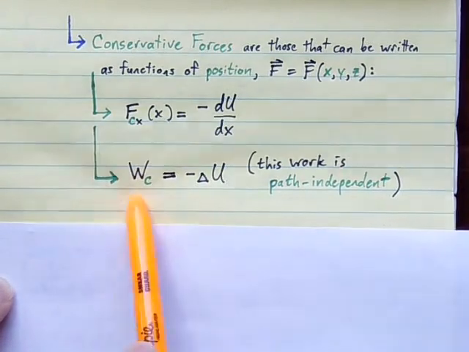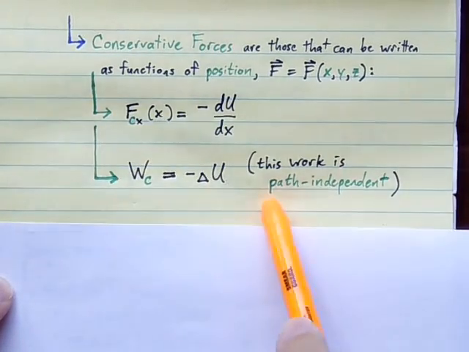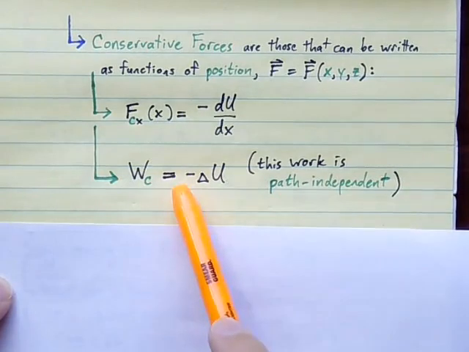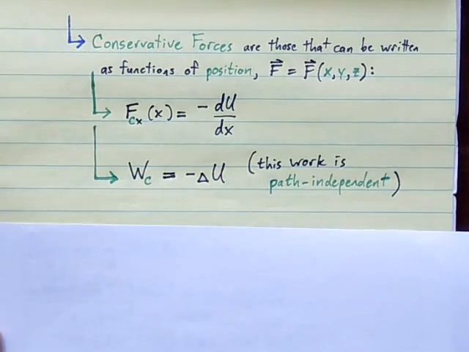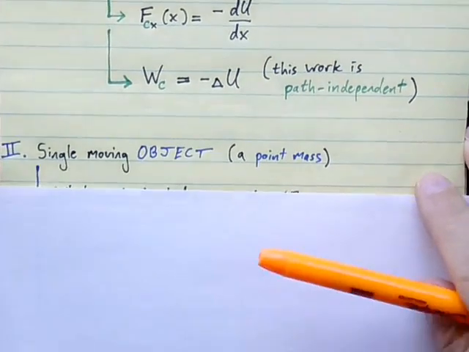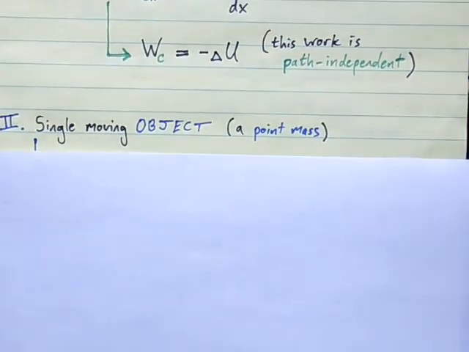Likewise, the work done by a conservative force is always path independent and equal to the opposite of the change in potential energy along that path. Okay, so those were our basic relationships.